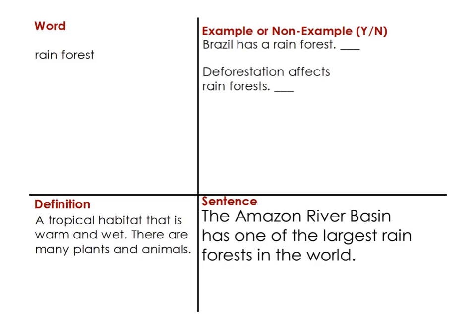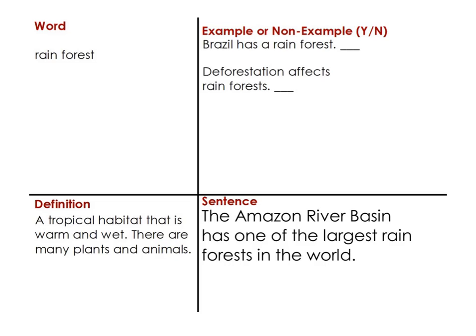The next word is rainforest. I read, then you read. Rainforest. Let's read the definition. A tropical habitat that is warm and wet.